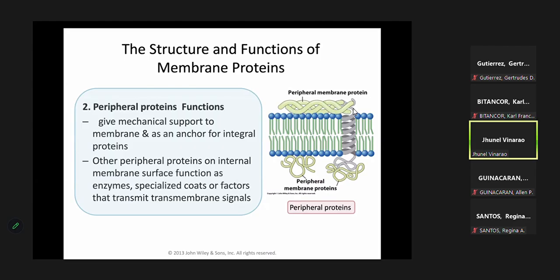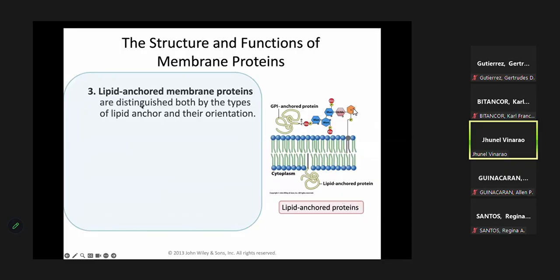For example, when we absorb disaccharides, before absorption into our cell, the disaccharide must be cleaved or hydrolyzed into a monosaccharide. To do that, we need enzymes, and some of those enzymes are embedded on the surface of the cell membrane, especially in cells found in our intestines where the absorption process happens.